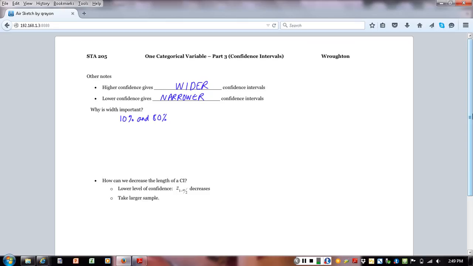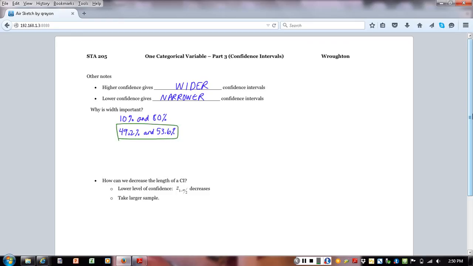Or I might come back and say between 49.2% and 53.6% are female. Which one of those intervals would be more useful to you? This one's more useful. Why?